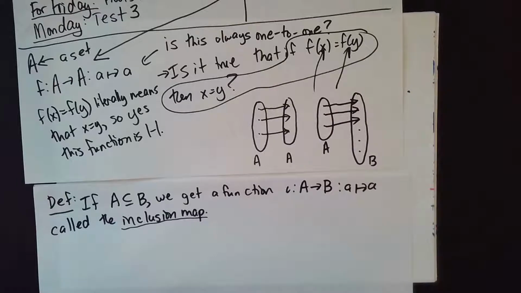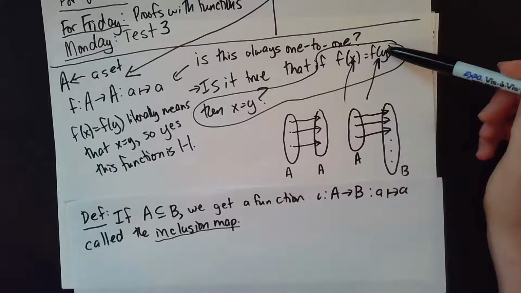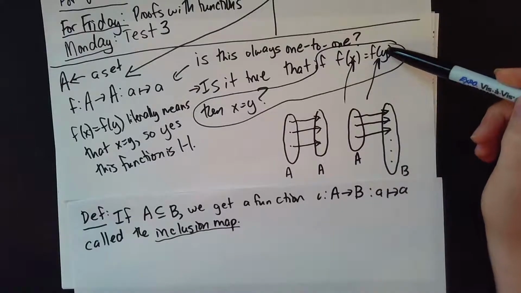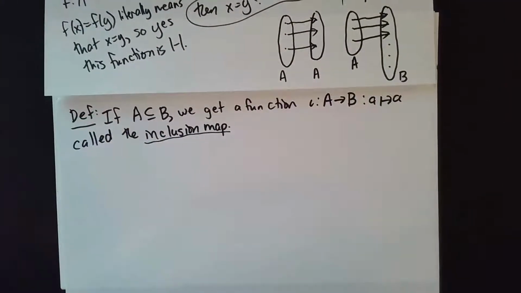And yes, it does, and the proof is identical to the proof we just used for the identity function. Namely, what do I need to show if I want to show that a function is one-to-one? Well, it's maybe worth writing that down again.